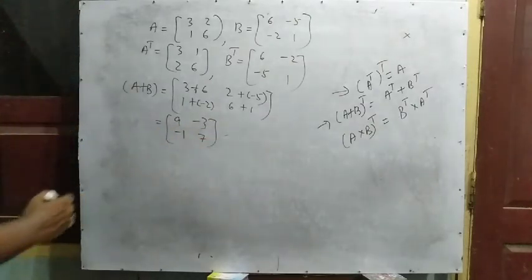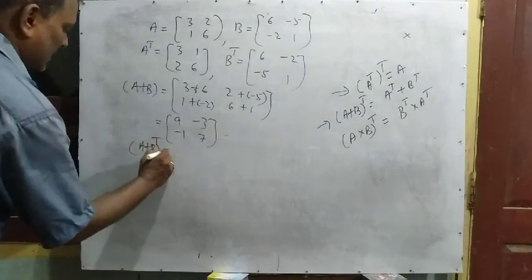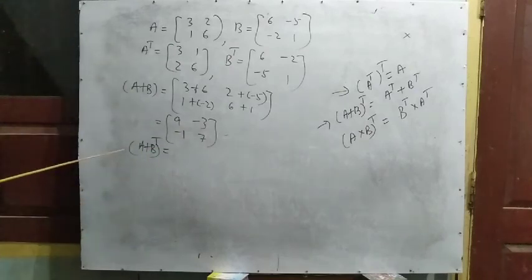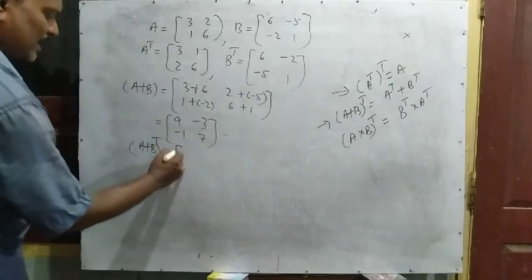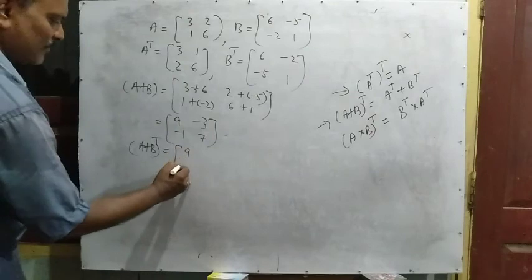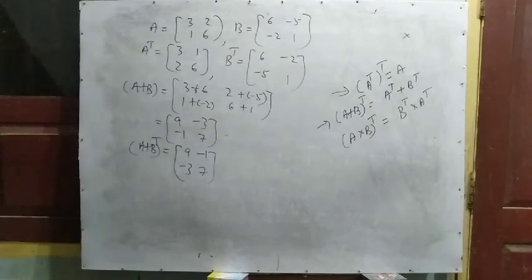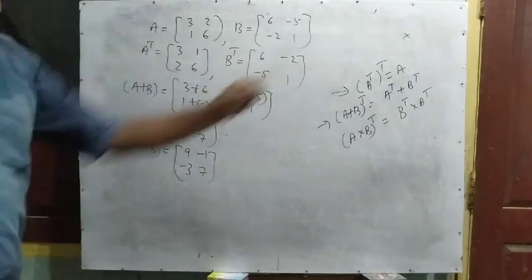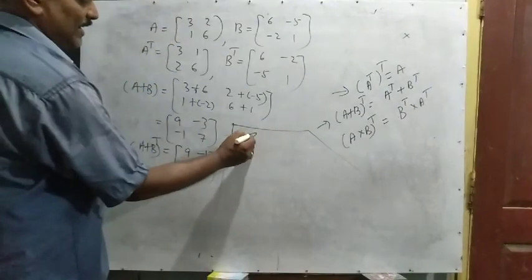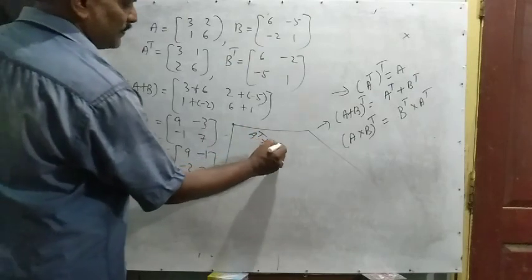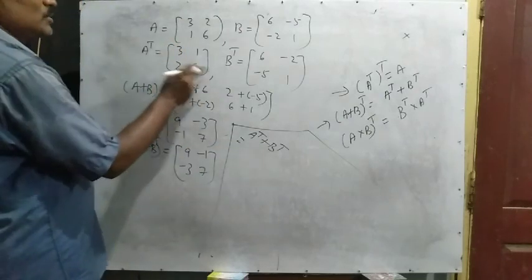Now we find (A plus B) whole transpose. A plus B is [9, -3; -1, 7], and again we find the transpose: [9, -1; -3, 7]. So (A plus B) whole transpose equals this one. Now we find A transpose plus B transpose. A transpose equals [3, 1; 2, 6], and B transpose is [6, -2; -5, 1].